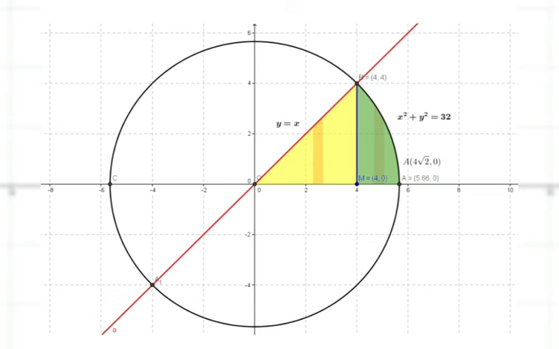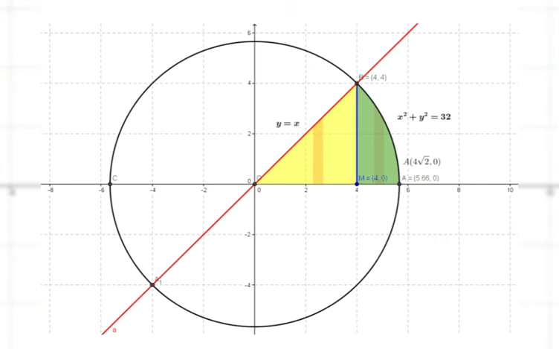Now it is up to you to do it on your own and show that the area of the region under the line and under the circle is simply the addition of the two areas. So the area of the region shown in yellow color added to the area of the region shown in green color. So adding the two numbers, you'll be getting the area of both the regions.